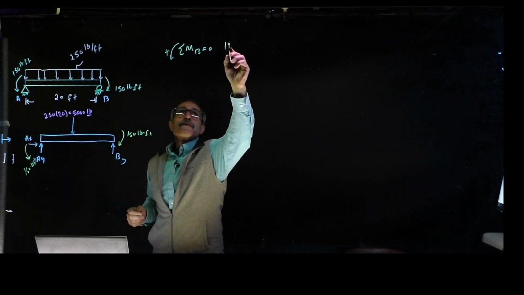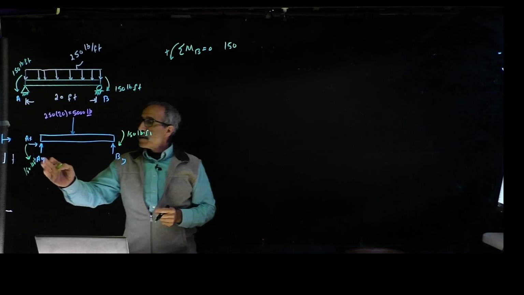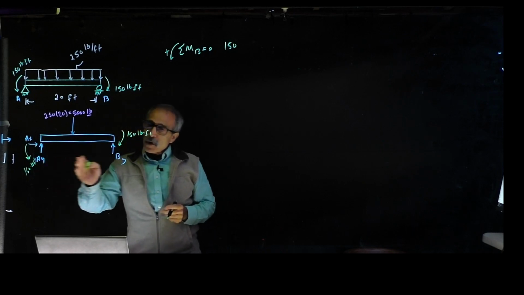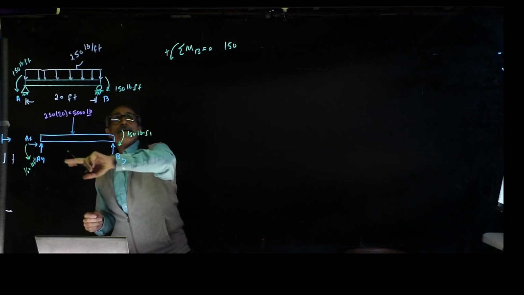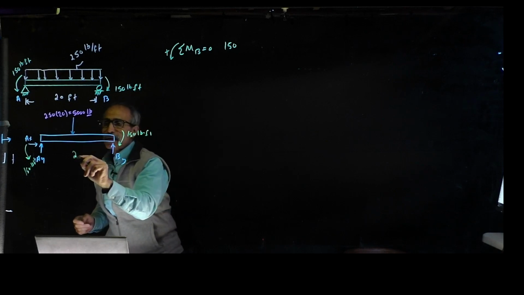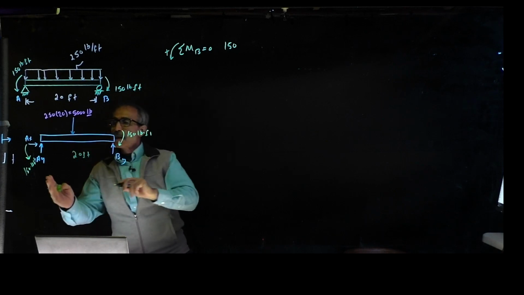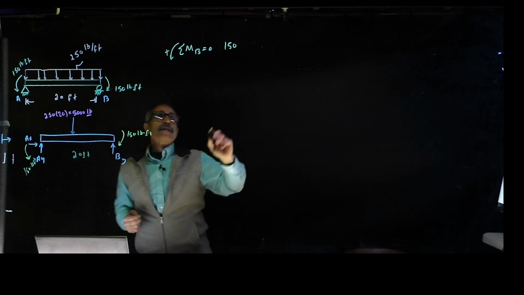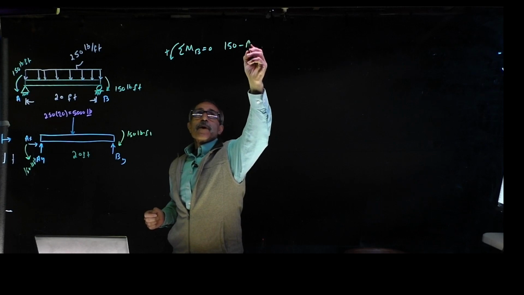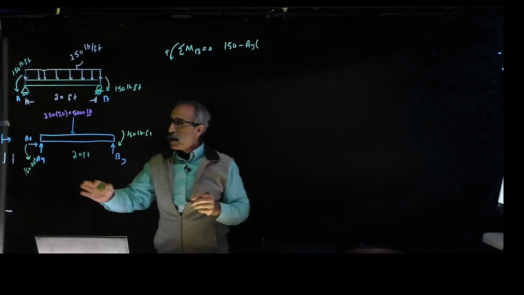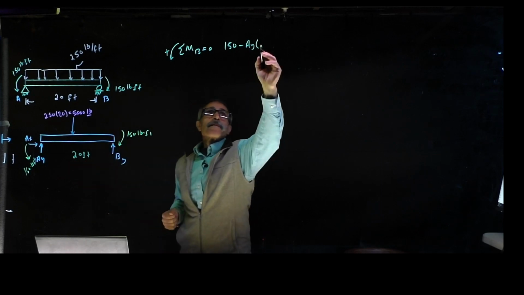Then the reaction at A rotates clockwise about B, and this distance is 20 feet, so it's negative because counterclockwise is positive: minus AY multiplied by 20.